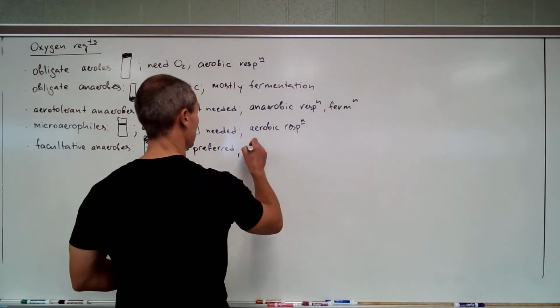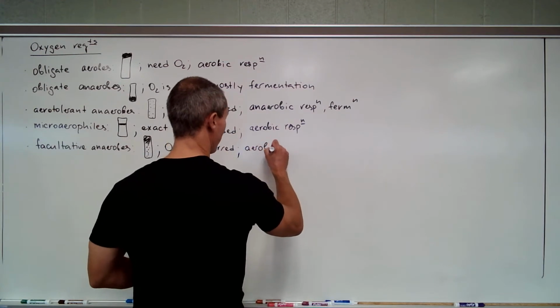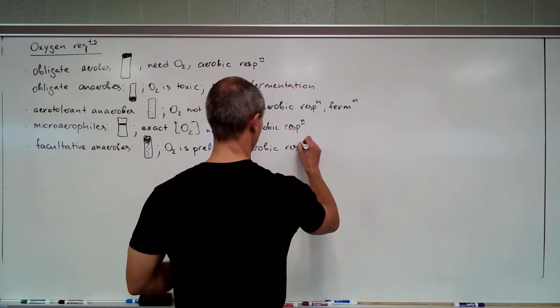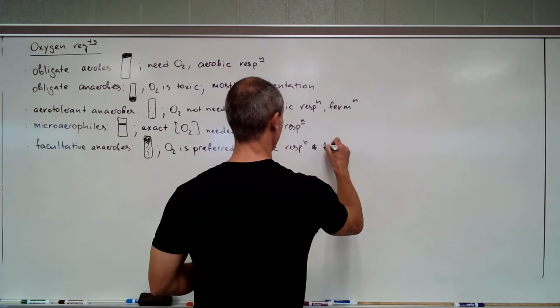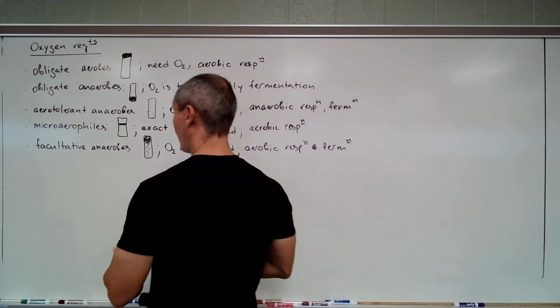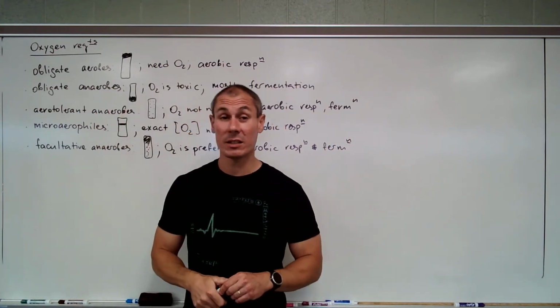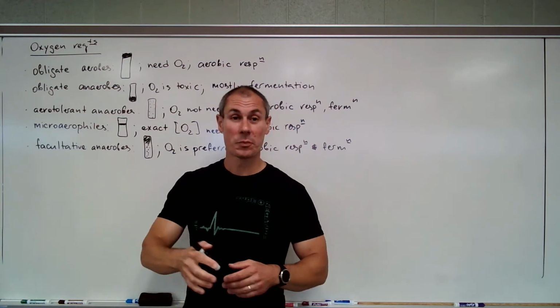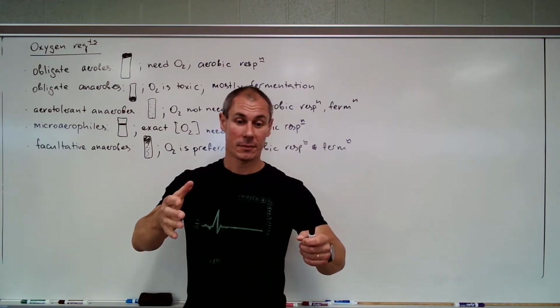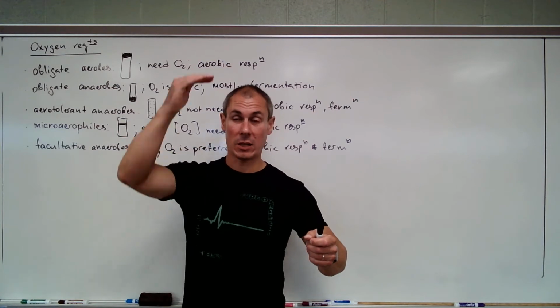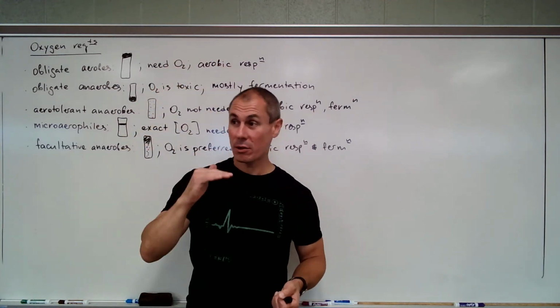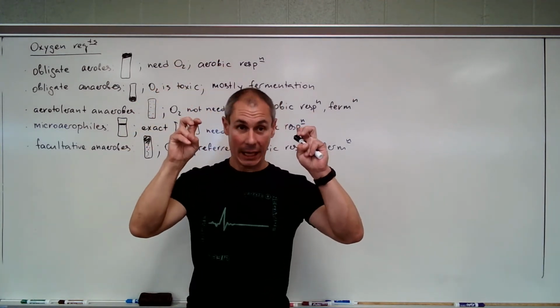So they can do both aerobic respiration and fermentation. And think of it this way: they can easily switch, like you do. At the end of glycolysis, they kind of decide.